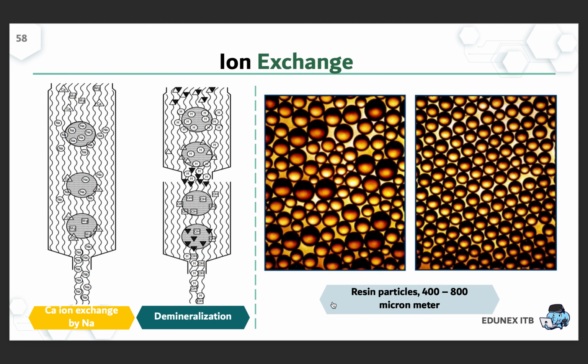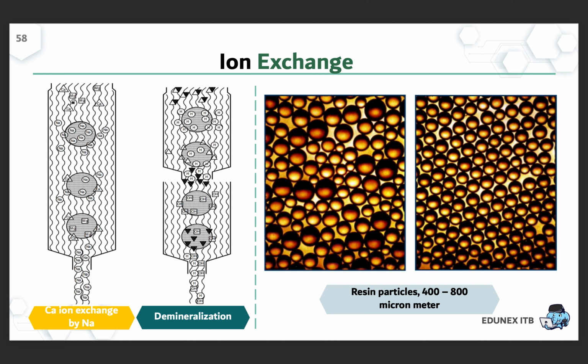Now this is the example. Here we have the cation exchange resin, in which the calcium is exchanged by the sodium. So in the beginning, our resin contains sodium cations. In our feed, we have calcium and magnesium.